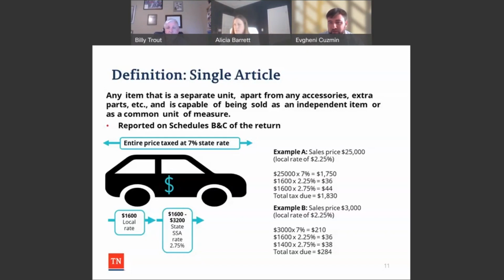Right. One more question that I wanted to follow up on. Somebody asked to talk a little bit more about the Schedule E destination tax for out-of-state companies.